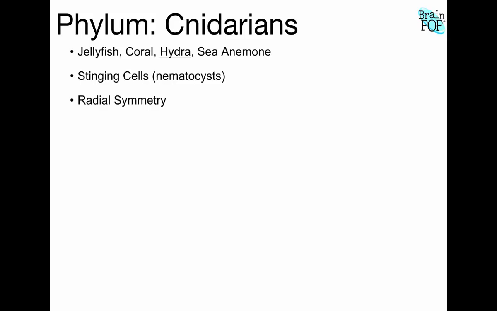And on these tentacles, they have special cells that are called nematocysts. These cells are what they use to hunt their prey. When the tentacles wrap around their prey, they shoot a little stinger into it, which can immobilize it, paralyze it, and kill it. And then they can consume their prey.